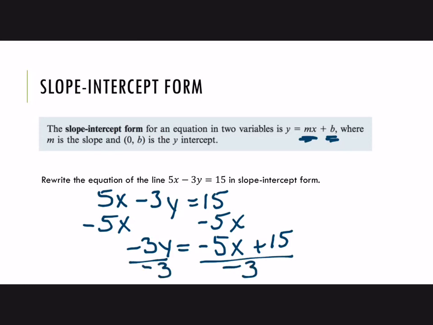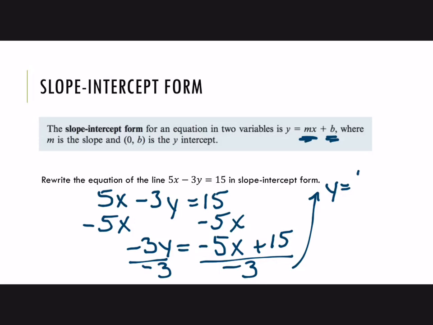on both sides. And then this gives me the equation y equals, and now I actually want to divide both terms by negative 3. So I'm going to rewrite this and kind of split this large fraction up into two separate fractions. Right, so divide negative 5 by negative 3.